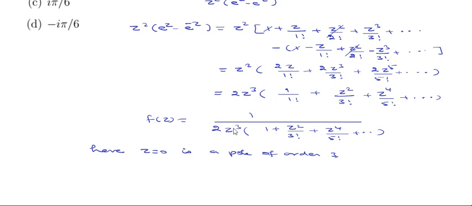To find the pole, we equate the denominator to 0. When we equate the denominator to 0, we get z cube equal to 0, so z equal to 0, 0, 0. Therefore z equal to 0 is a pole of order 3.